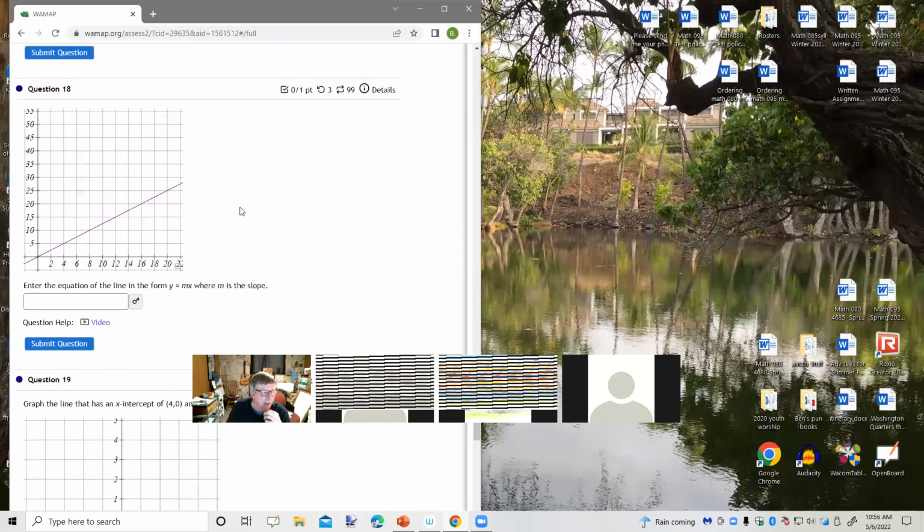All right. Now, things get a little trickier here because they've changed the scale on us. The x-axis, the scale, each square is 2 units. The y-axis, the scale, each square is 5 units. So be careful, okay? So let's find the slope and the y-intercept. Let's go from this point right here to this point right there, okay? How far up are we going?